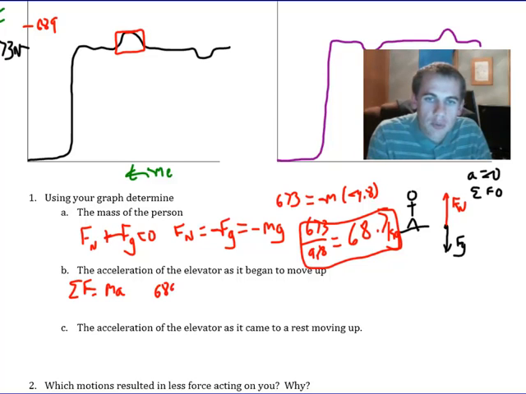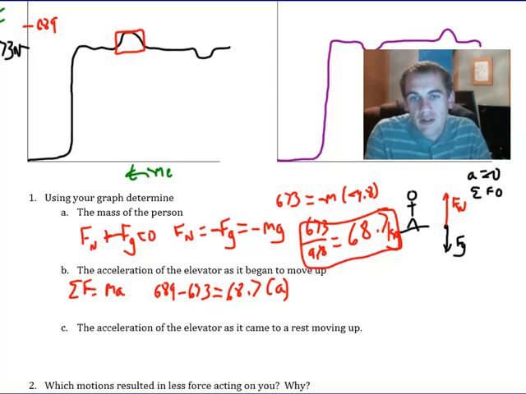So we can say this is 689, that's the normal force pushing up, minus the 673, that's the force of gravity pulling down, we could do a plus and negative, is equal to mass. Well, we just calculated the mass. Since this is the mass of the person, this is 68.7 times their acceleration, a, and so we can find the acceleration of the person, which is also the elevator, since that's what they're riding in.